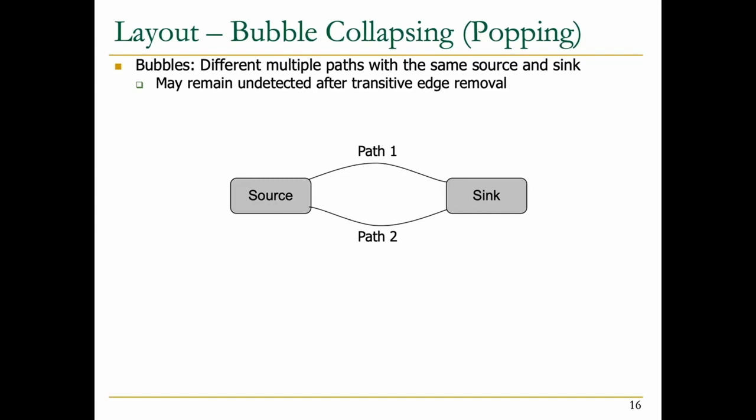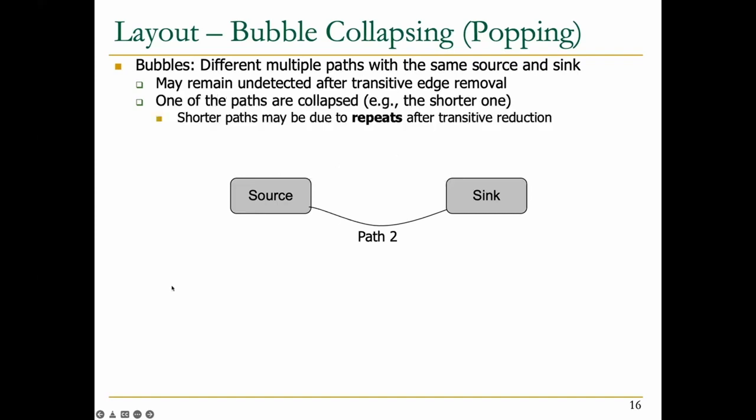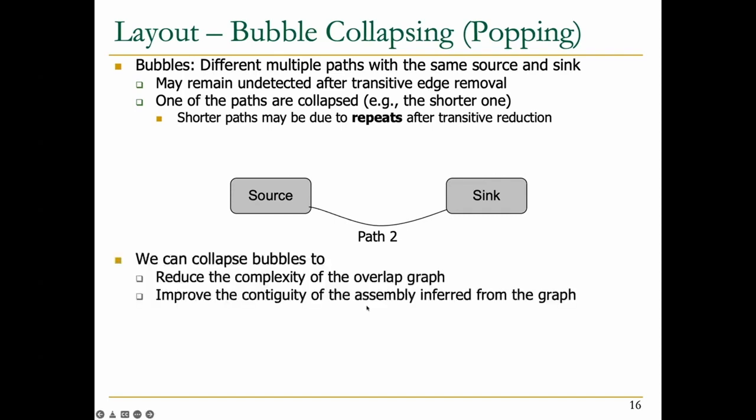And we call that a bubble because, as this image also shows, there seems to be a bubble over here. And our goal is to pop this bubble, right? So the idea is that one of the paths can be collapsed, and usually the shorter one is collapsed, because we know that shorter paths may be due to the repeats. After transitive reduction, there's this analysis on it, and then we tend to collapse the shorter one such that we remove the bubbles in the graph as well.